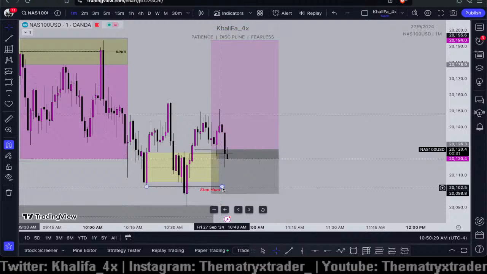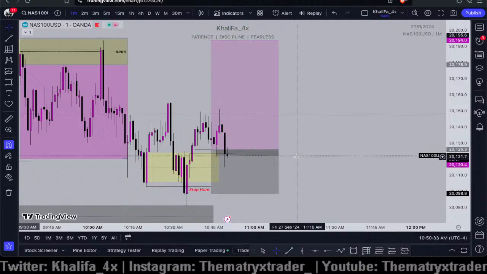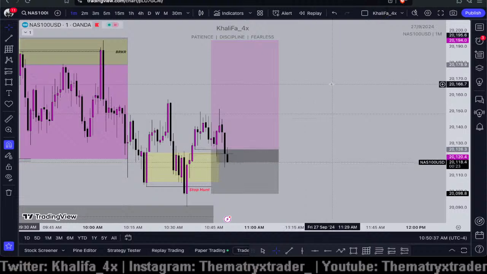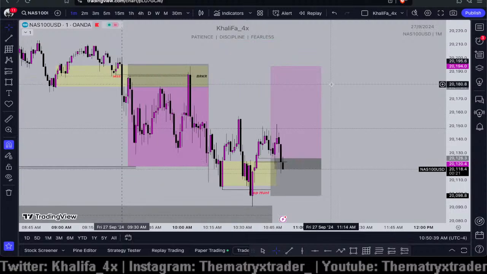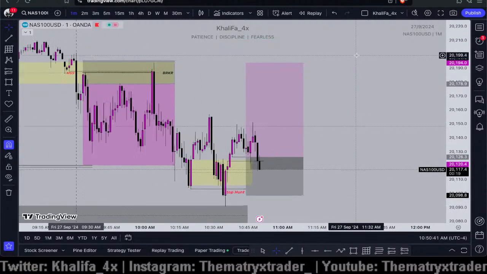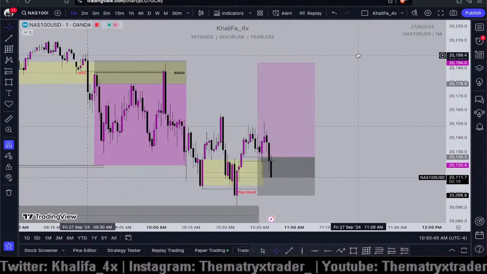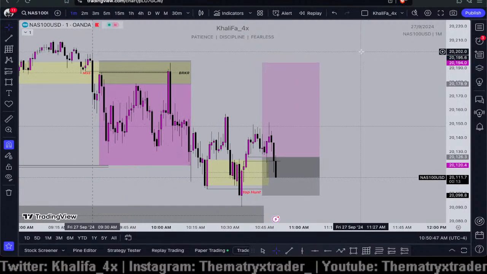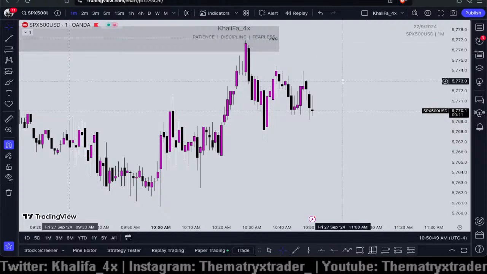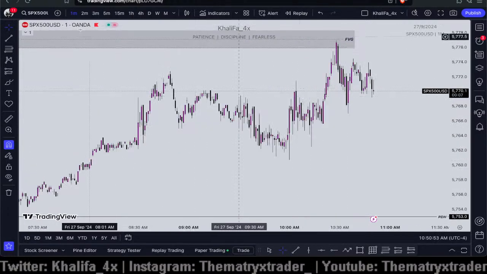Only if this stop hunt becomes invalid, then only. Otherwise, we're good. Now, why I told you to go for small is because we don't have any confirmation from the SPX.